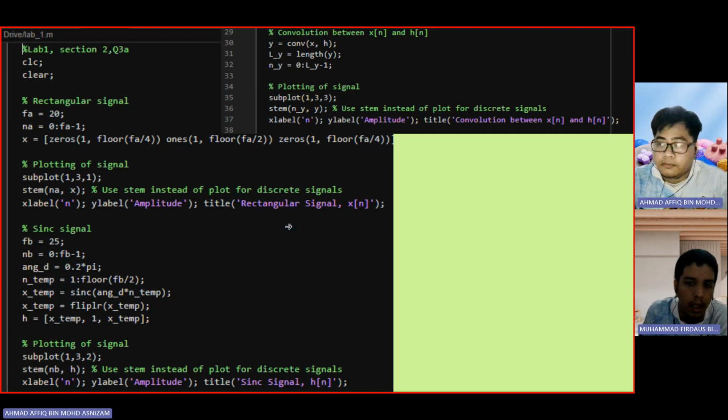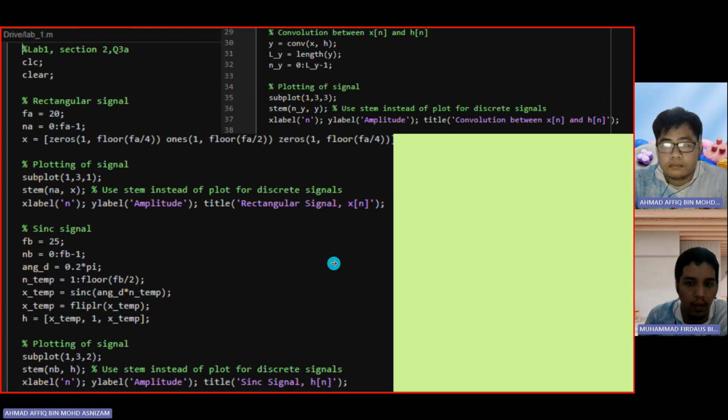This signal has 0 on both sides and 1 in the middle. It is plotted in the first subplot. The second is a sine signal. This section generates a sine signal Hn with a length of fb samples. The sine is constructed left and right and then combined to create a symmetric signal. The signal is plotted in the second subplot.